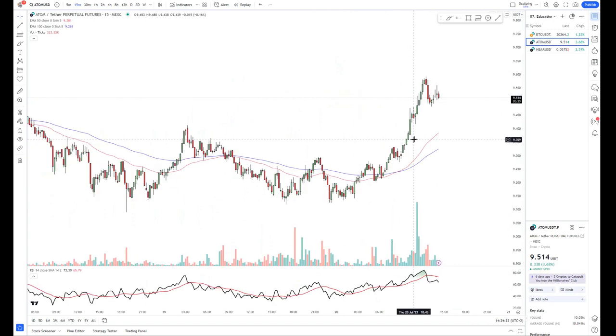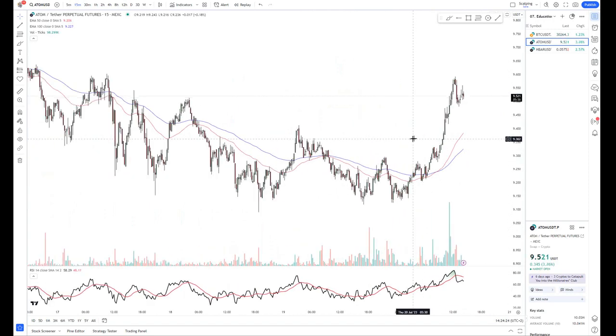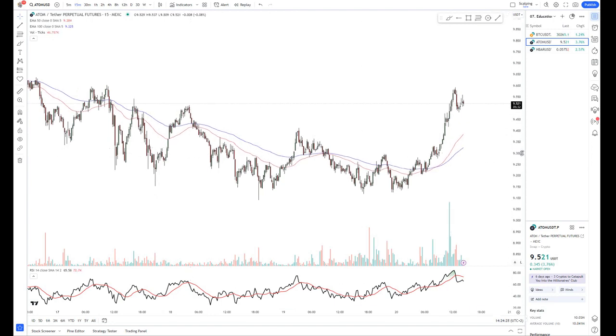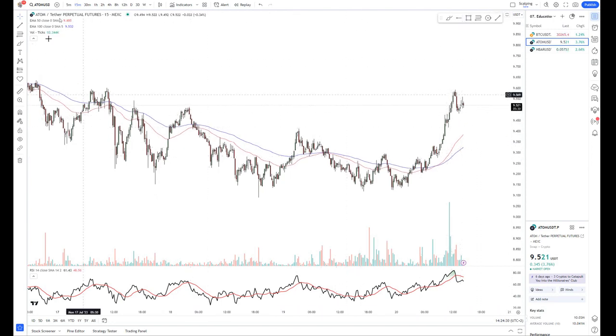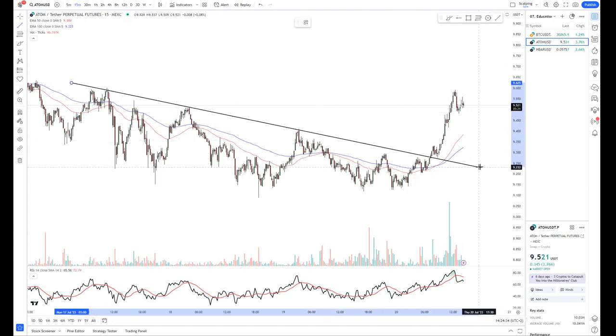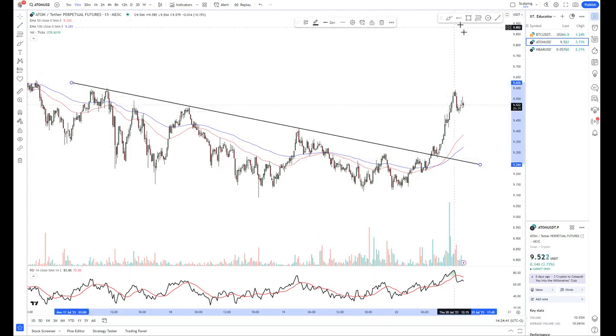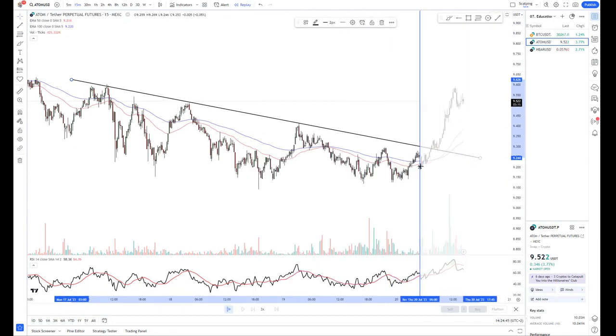Here's another example. This one is for a breakout above a trend line. As you can see, there's a trend line forming here. Let's rewind it a bit.